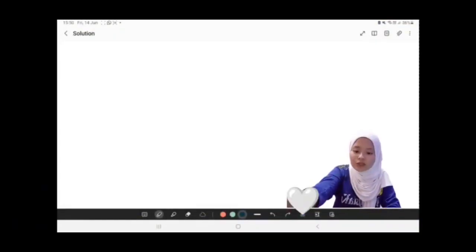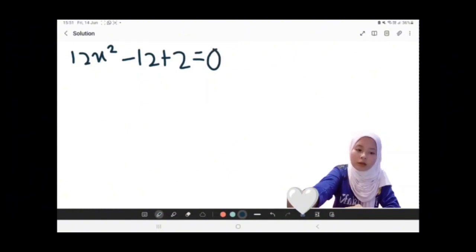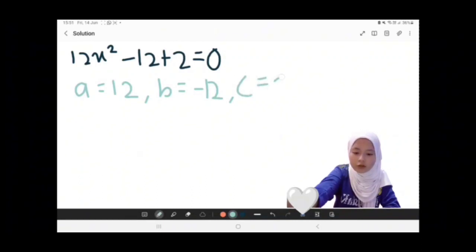For this question, we need to solve 12x² minus 12x plus 2 equal to 0. So we need to find this solution by using the quadratic formula, where we get A equal to 12, B equal to negative 12, and C we will get 2.